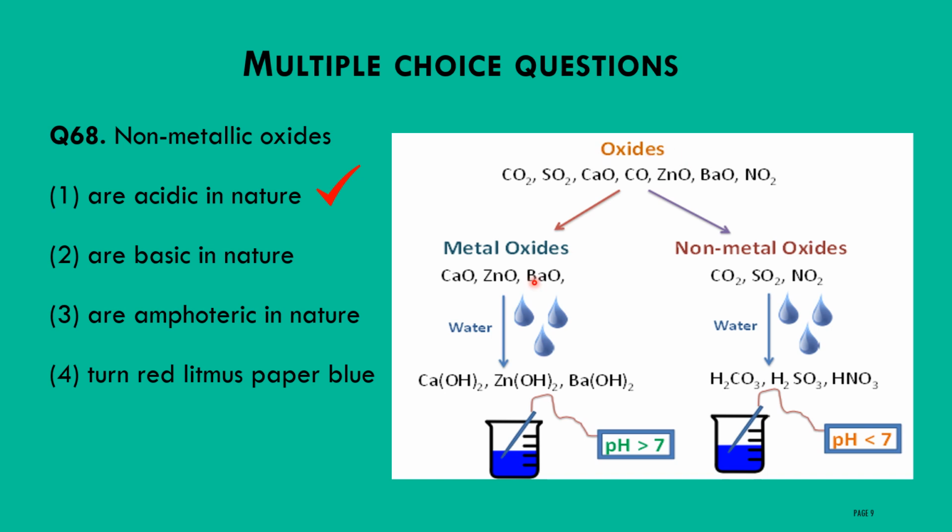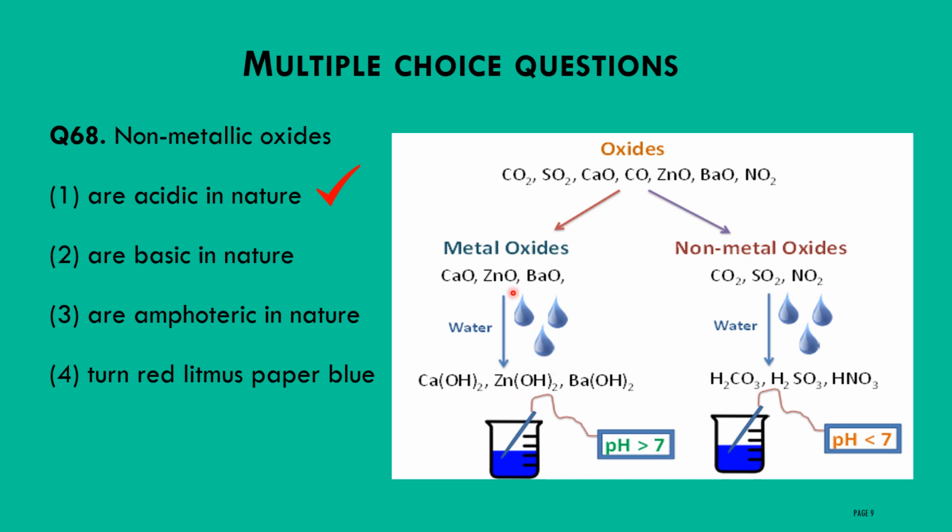Normally we have two types of oxides, one is metal oxides, another one is non-metal oxides. Metal oxides, for example calcium oxide, zinc oxide, barium oxide, when they react with water, they form respective hydroxides like calcium hydroxide, zinc hydroxide, barium hydroxide.